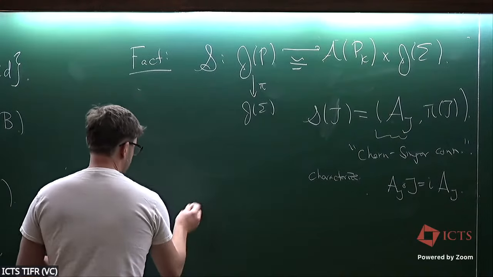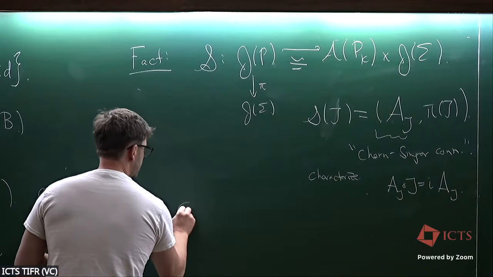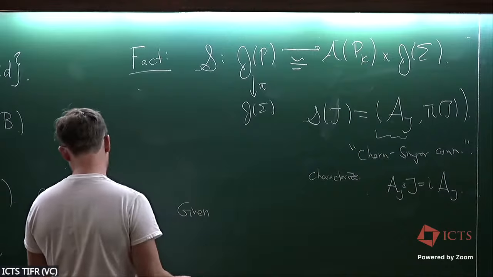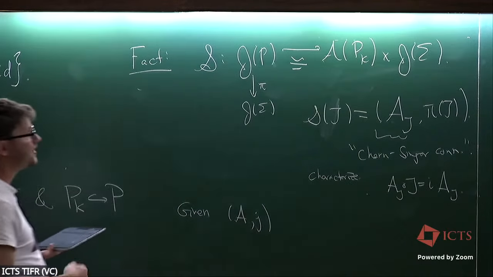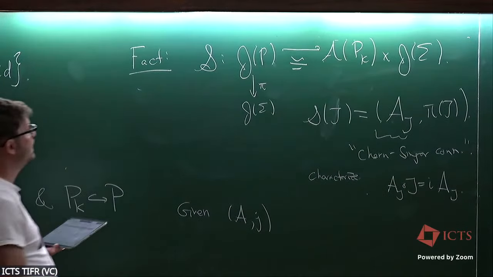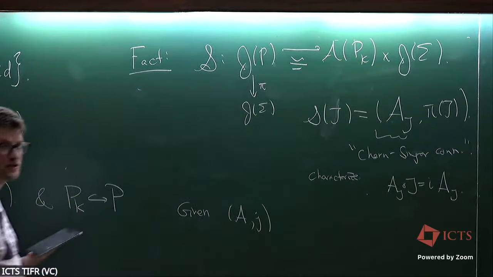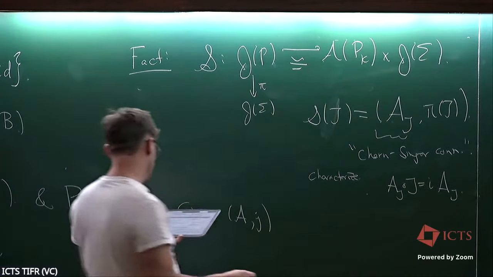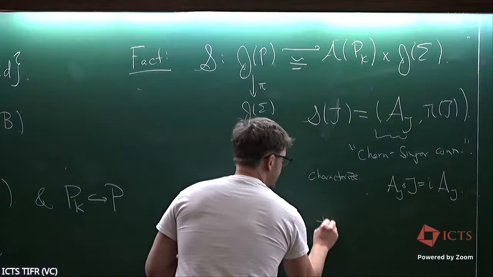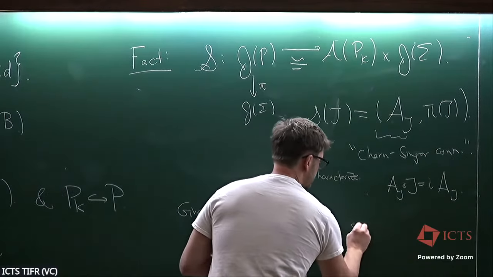And here's a useful way to think about it. Given a unitary connection and a complex structure on the surface, how do you write down the associated complex structure on the principal bundle? Well, you work in the splitting given by your unitary connection.